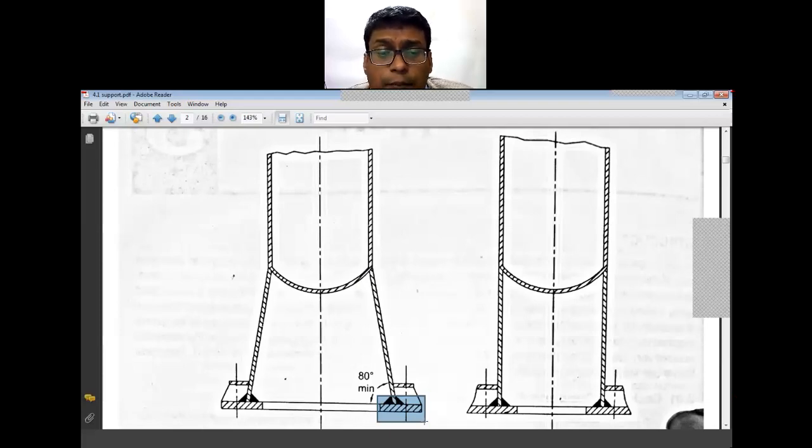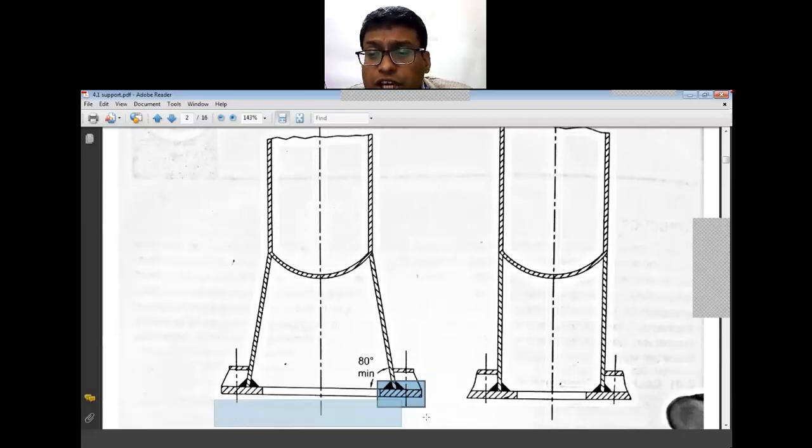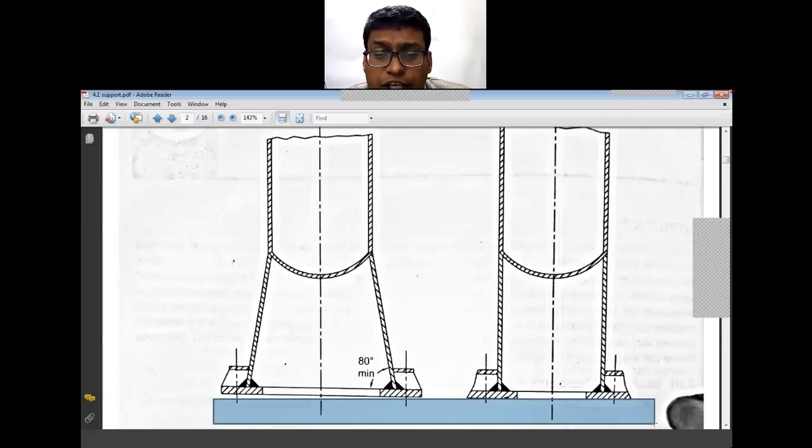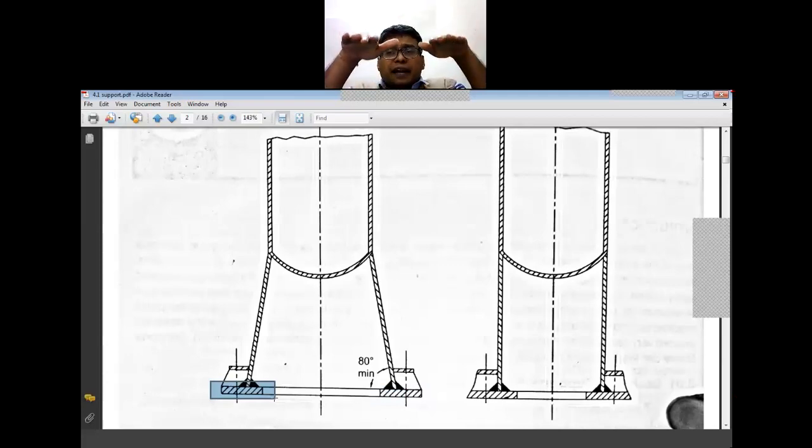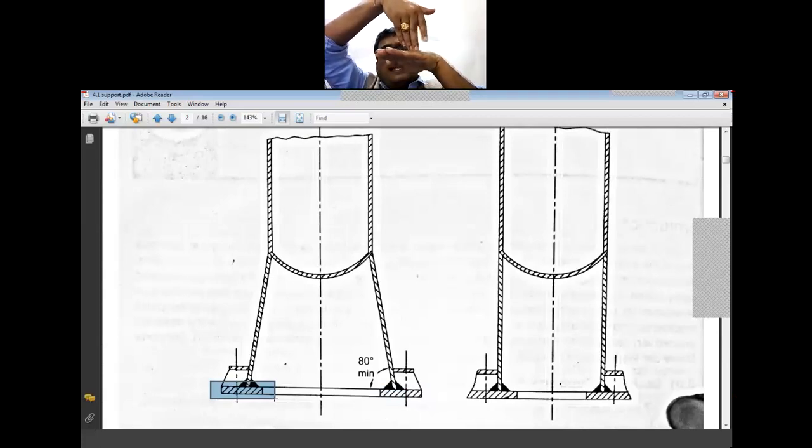Below this plate there is a concrete foundation, and on this concrete foundation are the bearing plates. This bearing plate forms a complete periphery and rests on the concrete foundation, and the skirt is welded here.